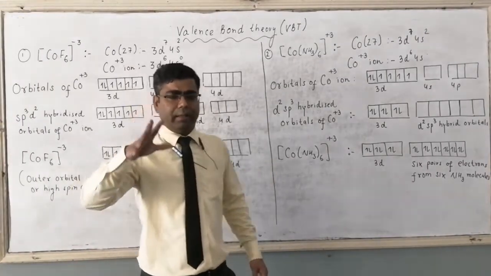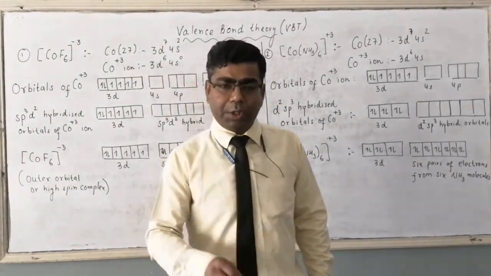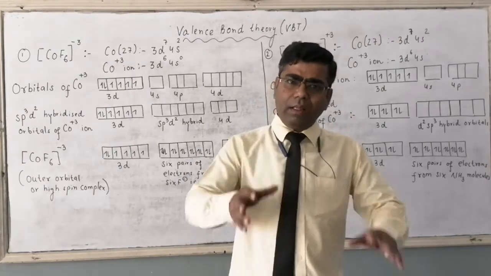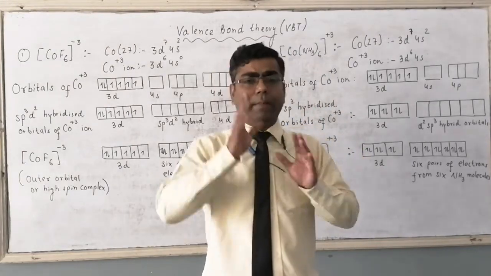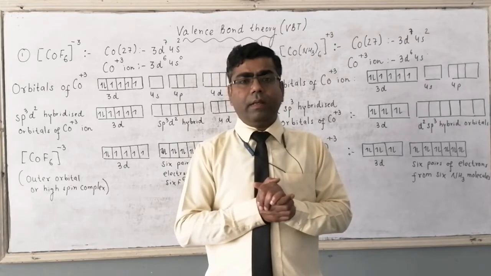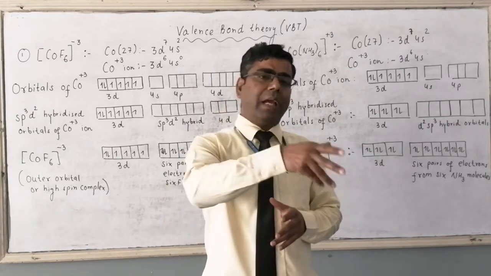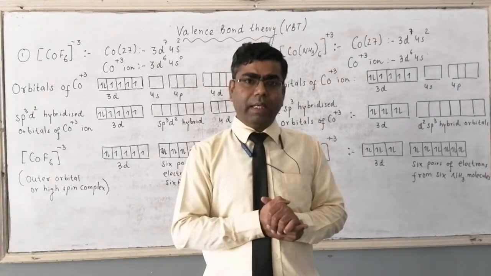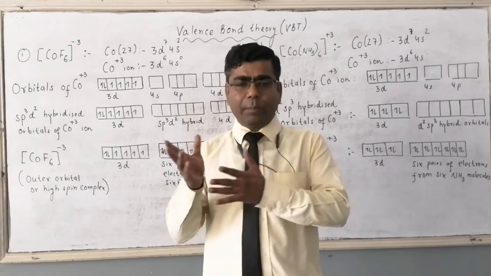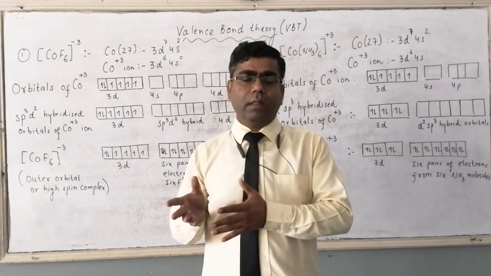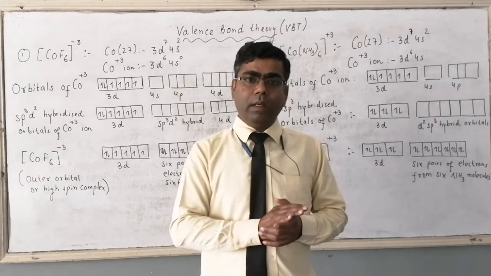In a similar manner, we can explain hybridization in complex ions or coordination compounds where 4 ligands are there. If pairing is not there, you will get sp3 hybrid orbitals, and if pairing does take place, then the hybridization will be dsp2.